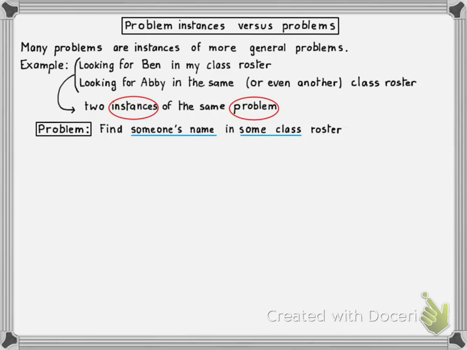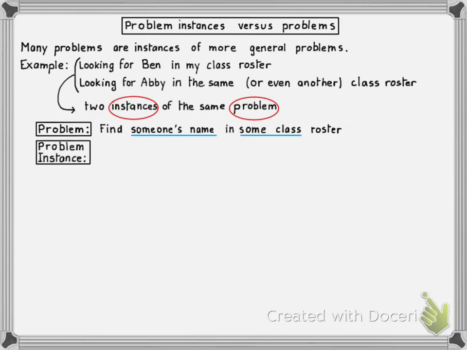And similarly, I can generalize over the class roster, and I can define the problem taking, in essence, two variables that are underlined in blue here, which is someone's name and some identifier for a class. And given those two, I can search for that name in that particular class roster.